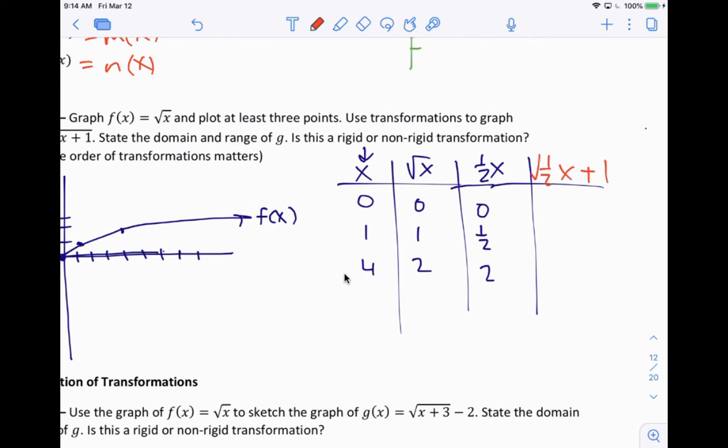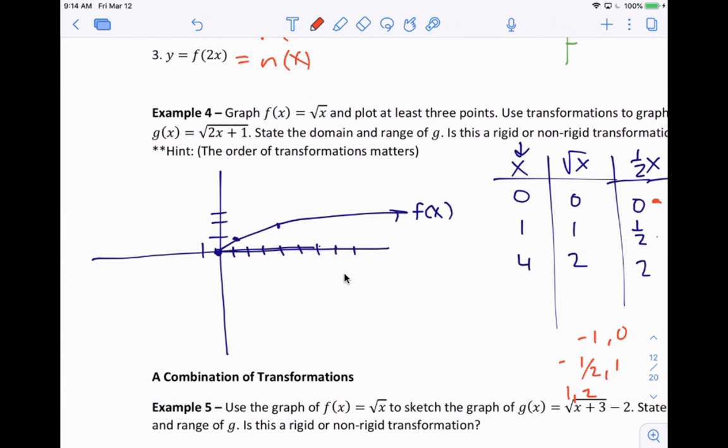So this thing here, left 1 would be -1. This 1/2 would become -1/2. And this, left 1 would be 1. And so my points now are -1, 0, -1/2, 1, and 1, 2.